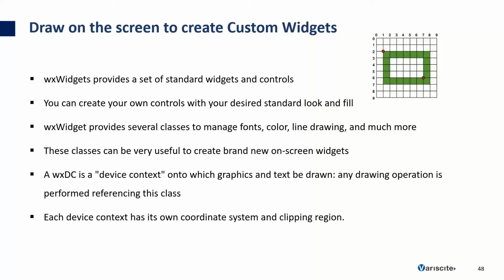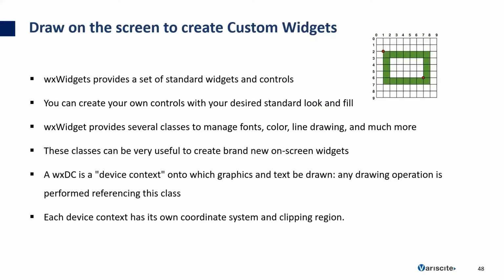One of the main components of the wxWidgets graphics is the device context. This is a kind of object where you can draw things, and any drawing operation is performed referencing this class. You can create multiple device contexts within your application.